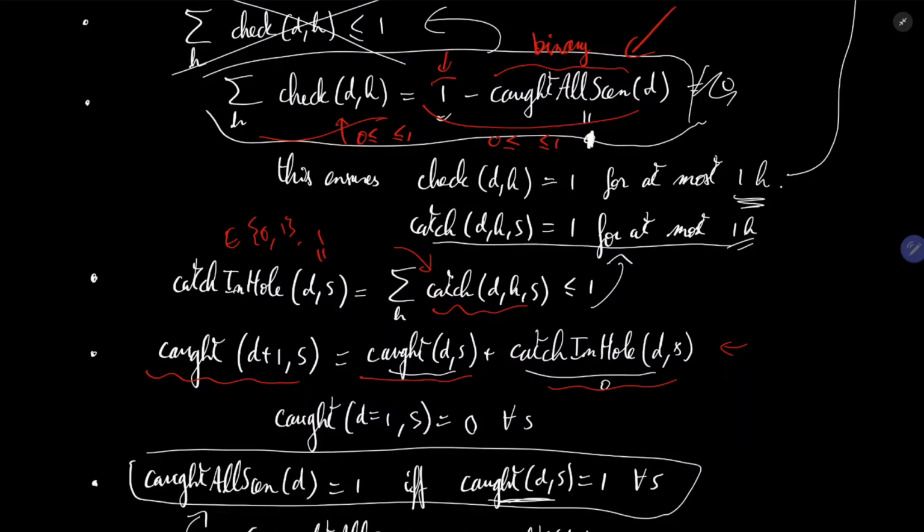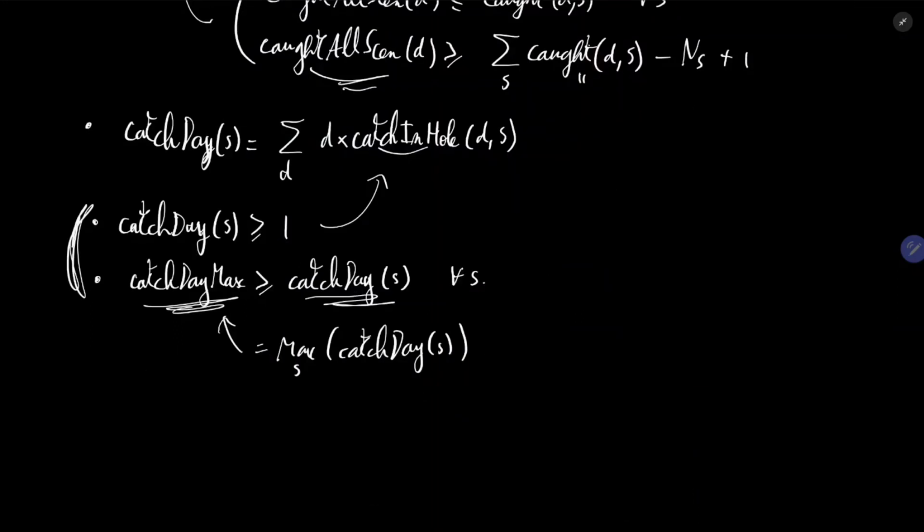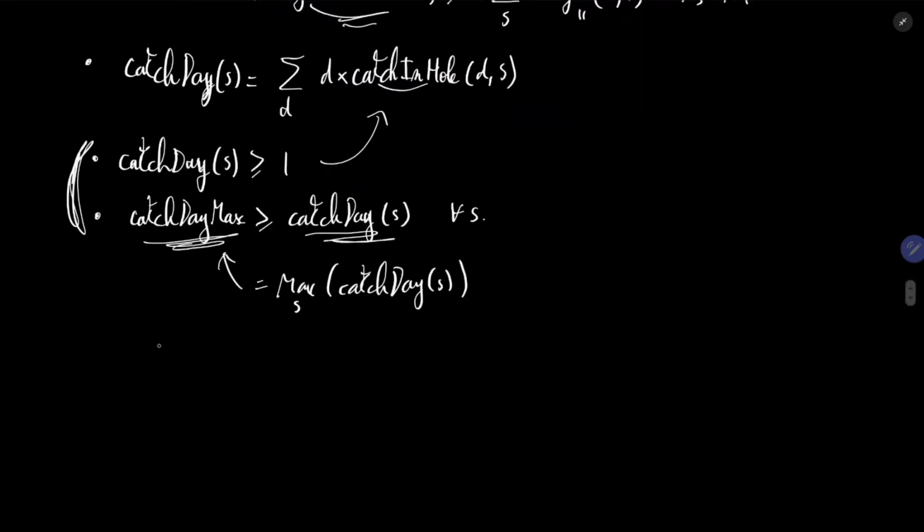On the other hand, if catch in all is equal to 0, this means that all the catch must be equal to 0. And so this proves that catch can only take the value 0 or 1. So what we just said before is that if code is binary, this implies that catch in all is binary.